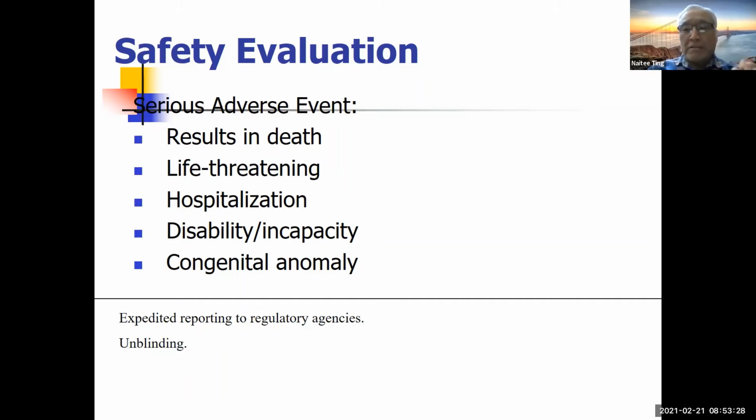All right, let's go back to the CRF. AE name, severity, start date, stop date. And sometimes there's a question about relatedness: do you think this AE is related to the study medication? And then there's action taken. For most AEs there's probably no action, and the other common action would be prescribing concomitant medication to control the AE.